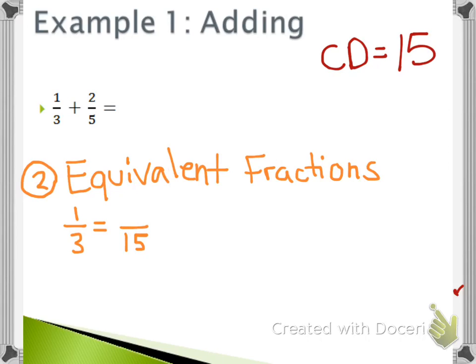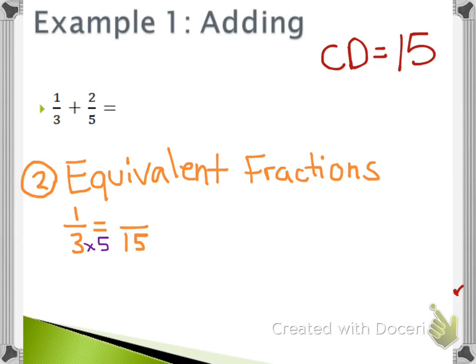And in order to find out what goes in the numerator of our new equivalent fraction, I need to first ask myself, what did I have to do to the denominator in 1/3, the 3, to get the common denominator of 15? Well, if I look at 3 and 15, I know that I can multiply my 3 down here by 5, and that's going to give me 15.